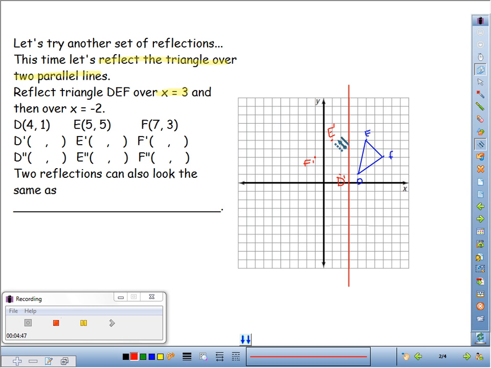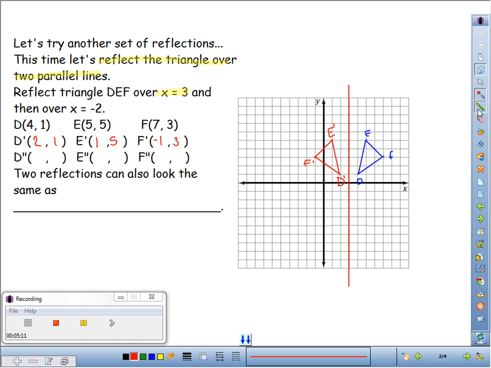Connect our points. And let's write our new points. Our new points are going to be at 1, 2, up 1, E is 1, 5, and F is at negative 1, 3.